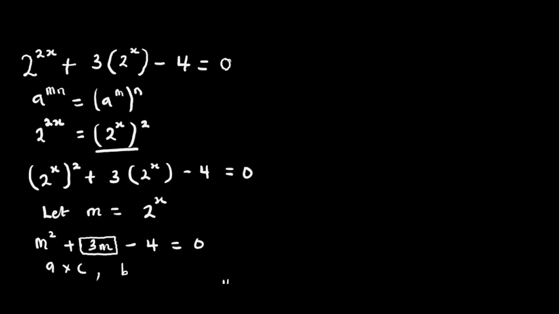So if x is equal to 0, then let's come back to this question. We have 2 to the power of 2x plus 3 multiplied by 2 to the power of x minus 4 equals 0.